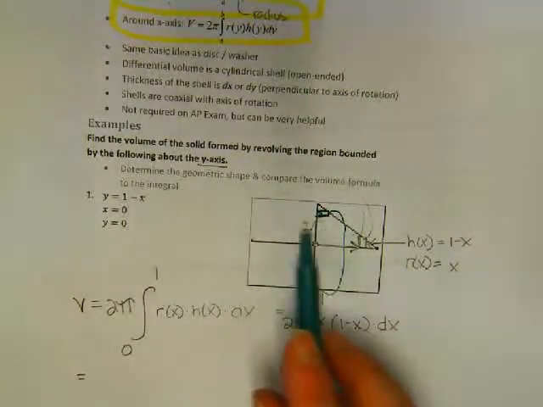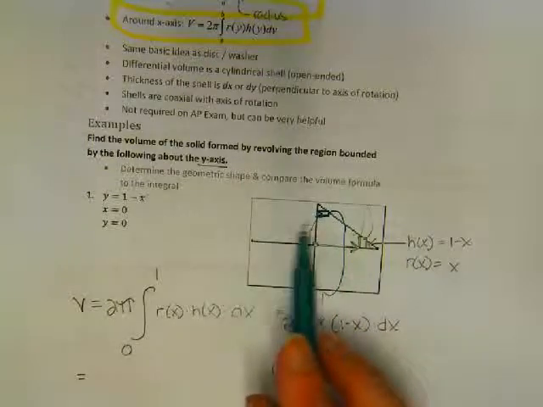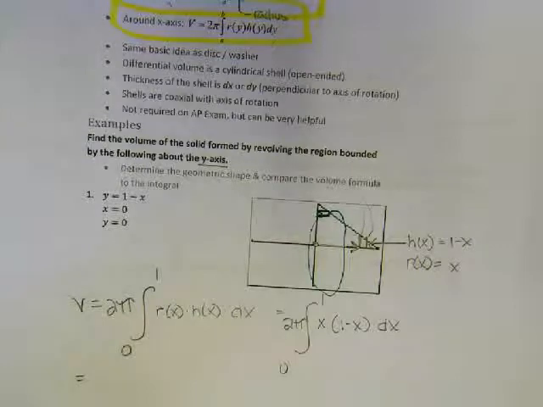What I'm telling you is I would never use shells to rotate around the x-axis. I would use the disk method, because the disk method is in terms of x. There are different methods that will find the volume of the same solid, and sometimes there's an advantage of using one over the other. So really my only point for you guys would be in a situation where it was difficult to rewrite it.